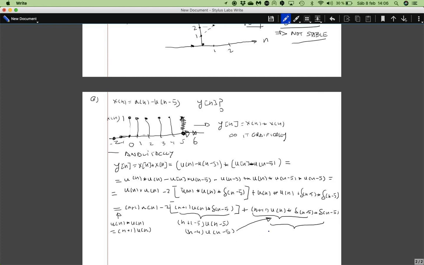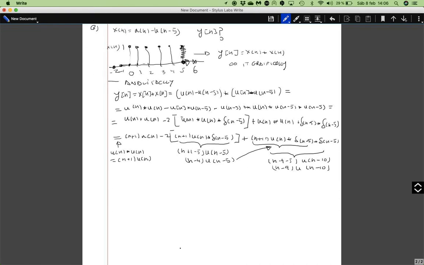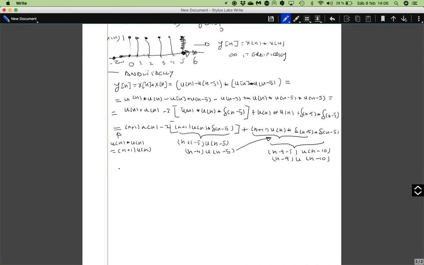So we just delay the result 5 units. So (n minus 4) delayed 5 units and u[n minus 5] delayed 5 units, so n minus 10. So this will be (n minus 9) multiplied by u[n minus 10]. So this is just operating and paying attention not to make mistakes, of course.